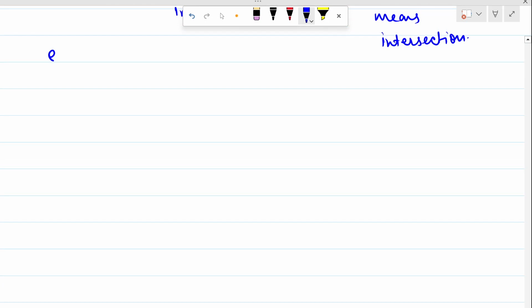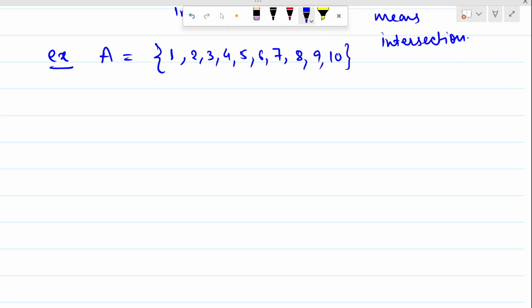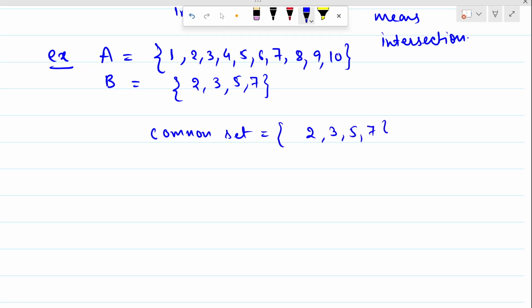For example, A is a set which contains 10 natural numbers 1, 2, 3, 4, 5, 6, 7, 8, 9 and 10, and B is a set which contains 2, 3, 5 and 7. So the common set will be 2, 3, 5 and 7.